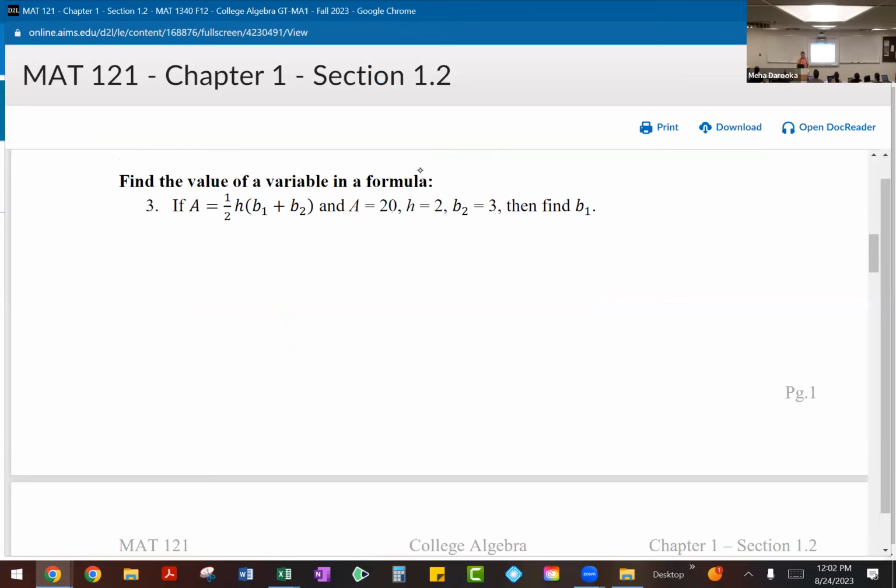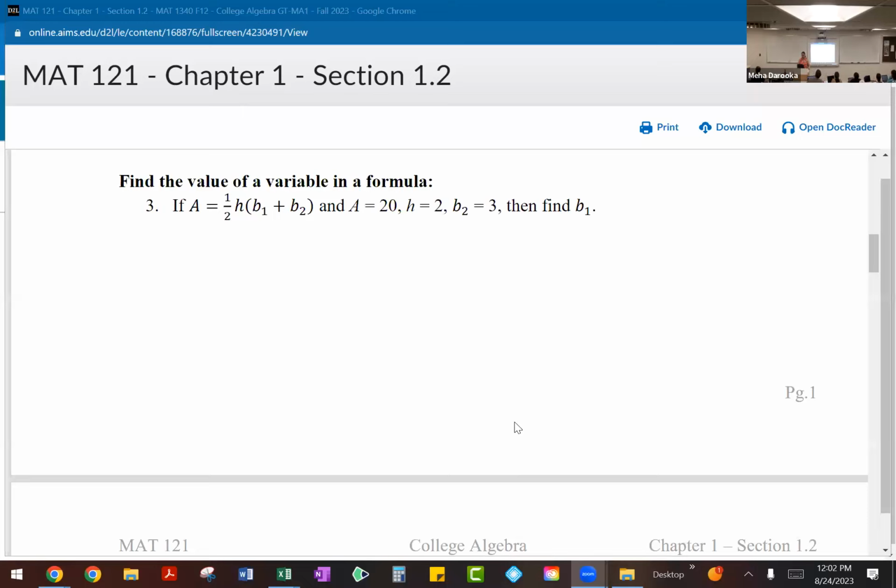A equals 1/2 h times the quantity b1 plus b2. Anybody recognize that? No? It's the area for the trapezoid.